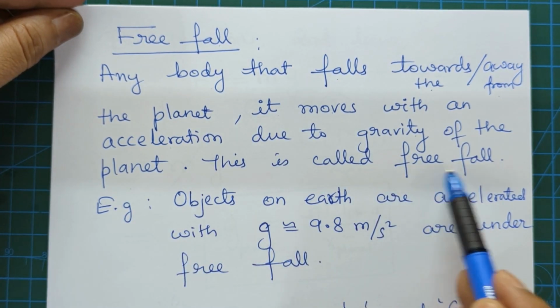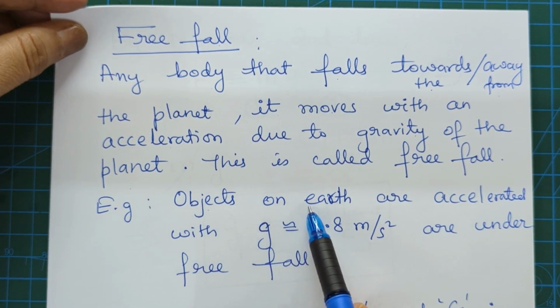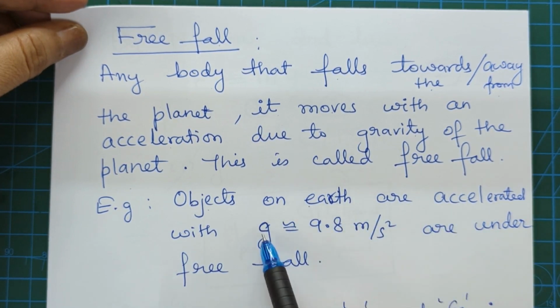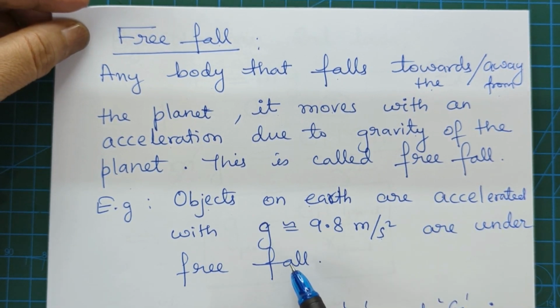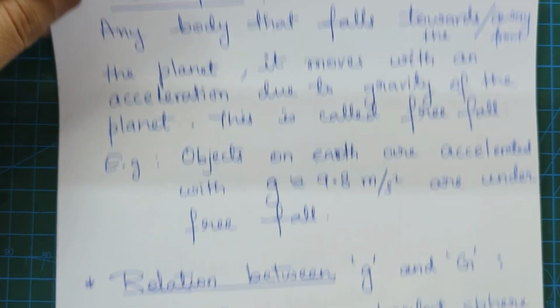That acceleration is called free fall. For example, objects on Earth are accelerated with 9.8 meter per second square under free fall, and objects on Moon are accelerated with an acceleration of 1.63 meter per second square.